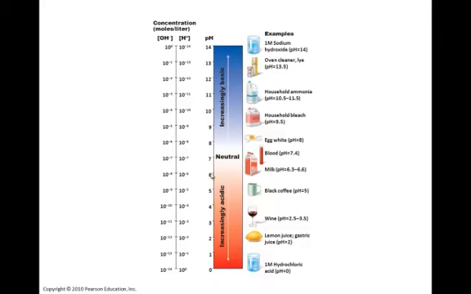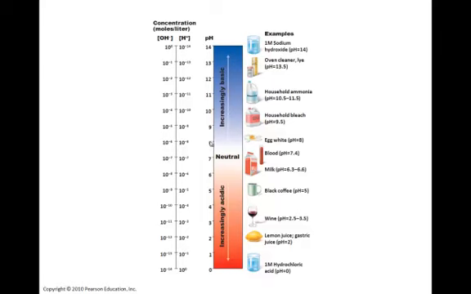From a pH of 6 to 5, we have 10 times more hydrogen ions. From a pH of 6 to 4, we have 100 times more hydrogen ions. From a pH of 6 to 3, we have 1,000 times more hydrogen ions. So you just add zeros as you go along. You're multiplying by 10 for each little factor.